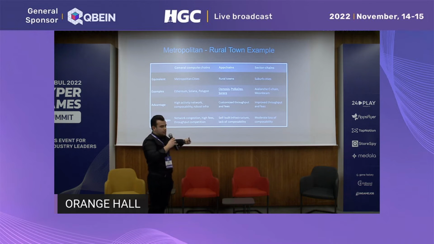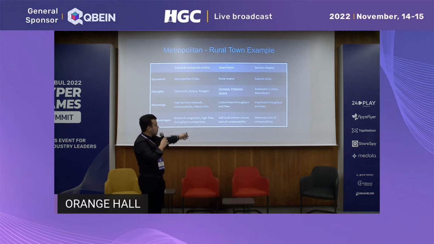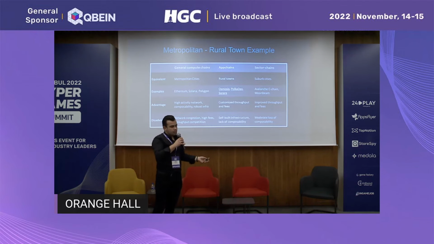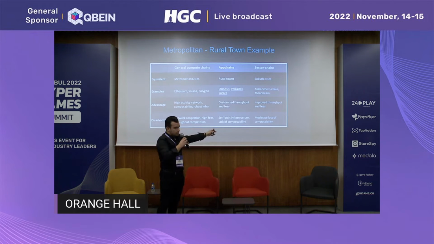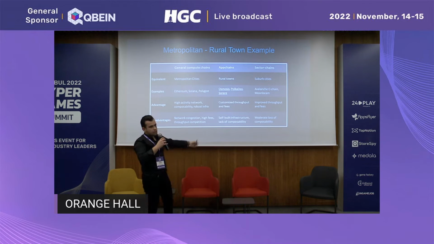You will have external opportunities, but an app chain is a rural area, so you will not have many opportunities. You will be just on the internal side, and external is possible but limited because of the lack of composability. It's not impossible. You should implement the other applications into your app chain. There are ways to do it.